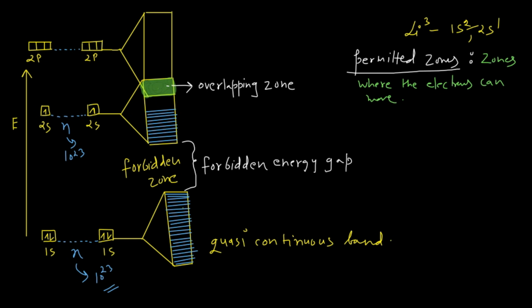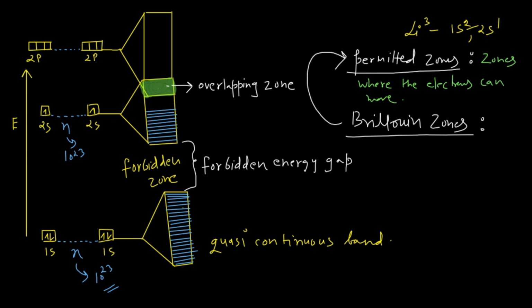For example, in some textbooks you can also find the term Brillouin zones. It is enough for the chemistry people to know the meaning or the definition of these. So basically, Brillouin zones are the permitted energy levels. So you can call them the permitted zones or the Brillouin zones.